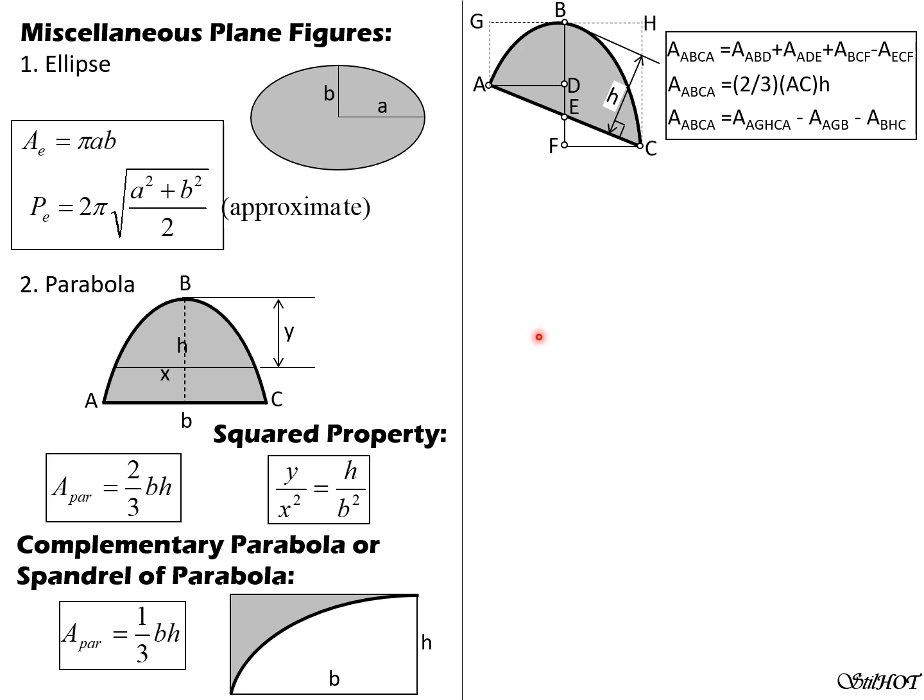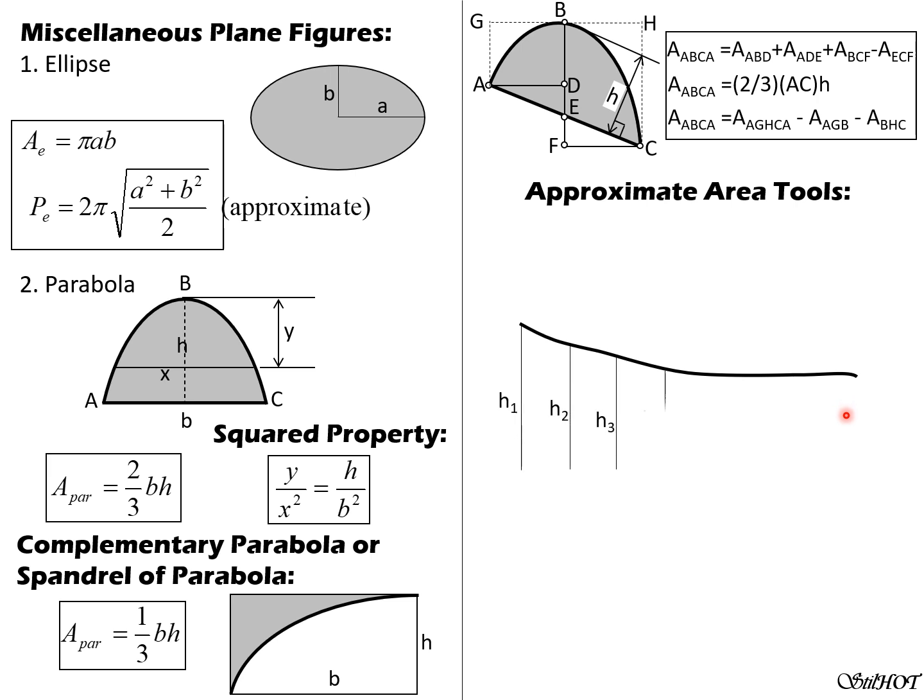So one is the trapezoidal rule, which treats areas bounded by curves, especially areas on the river side where the river side is not straight, or your area is bounded by a curved shoreline, maybe like this.